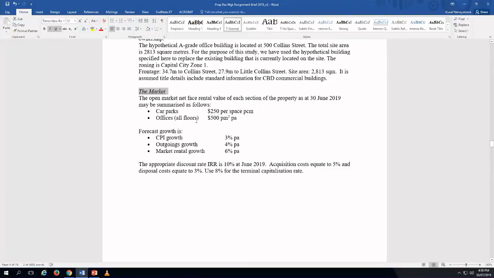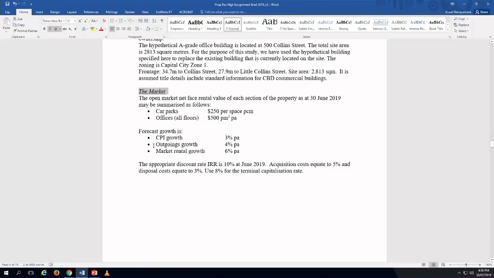Office, all floors, $500 per square meter per annum. This is just simplified. Normally in an office building, if you go higher, the rent goes up.